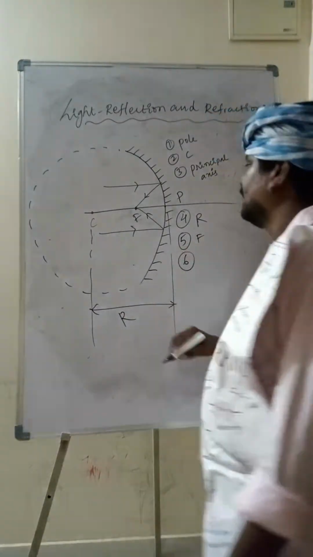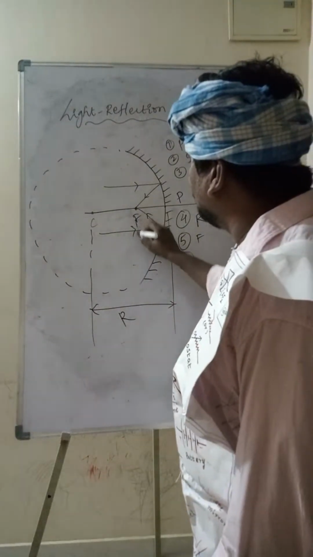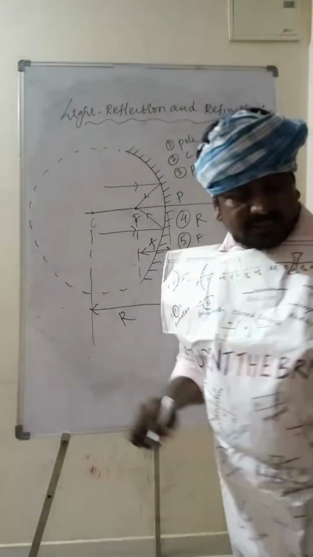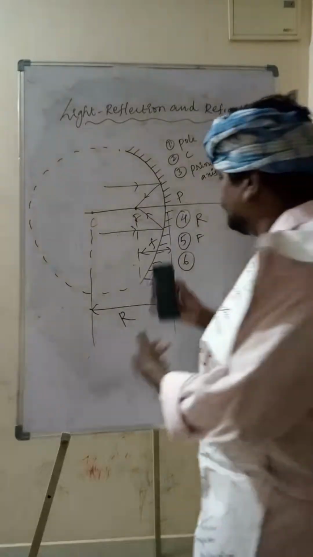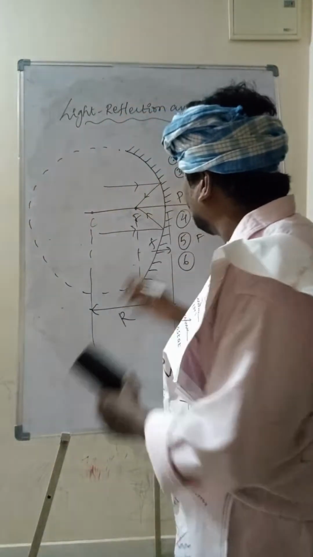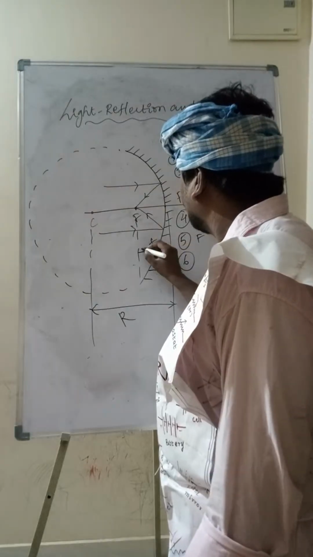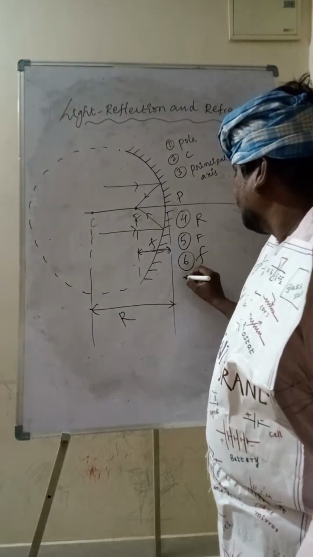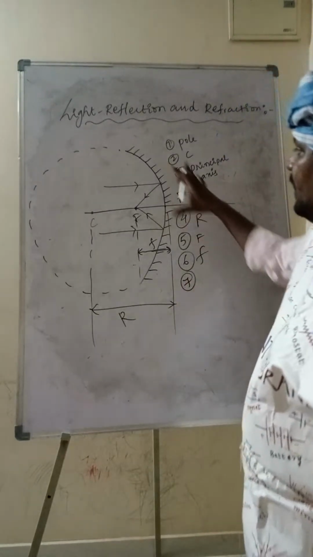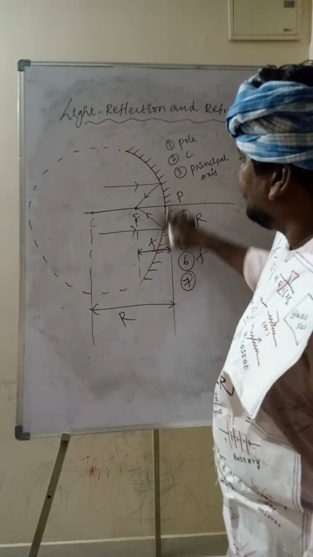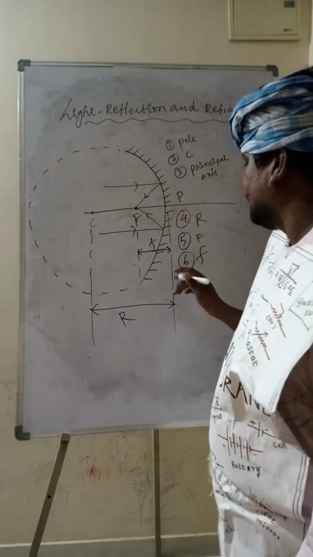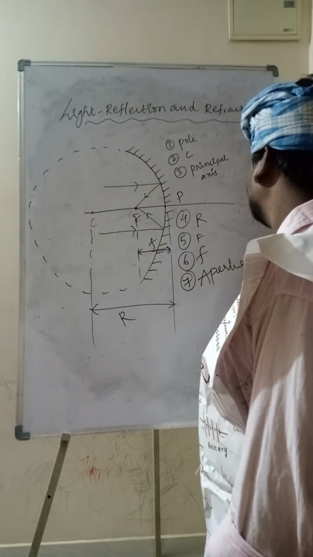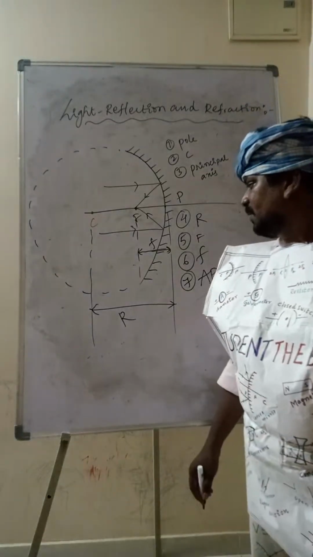The sixth one: the distance between focus and pole is called focal length, denoted with a small f. And the reflecting surface of the mirror, its width, is called aperture. So these are the 7 points.